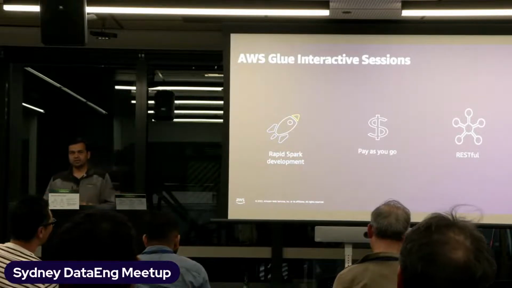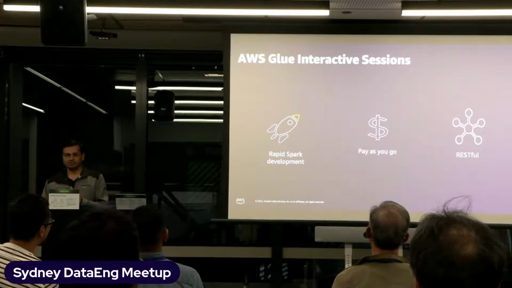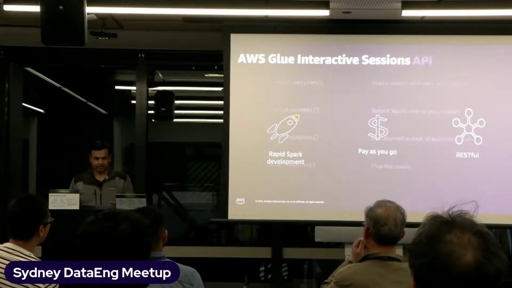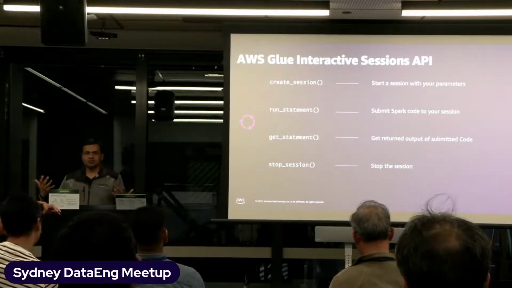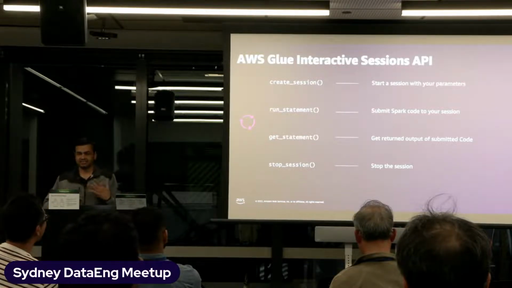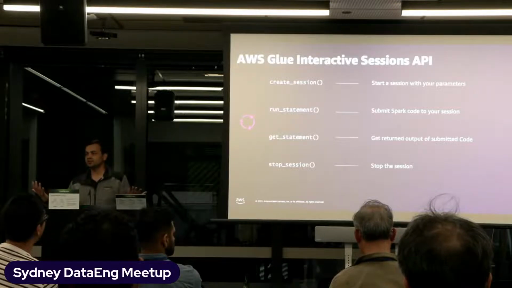And RESTful. That's the key part. Glue interactive sessions, if you think about it, are built on a bunch of APIs. So what are those APIs? It's as simple as this, right? If you have access to the AWS SDK and an AWS account, you can make these API calls and spin up an interactive session environment.